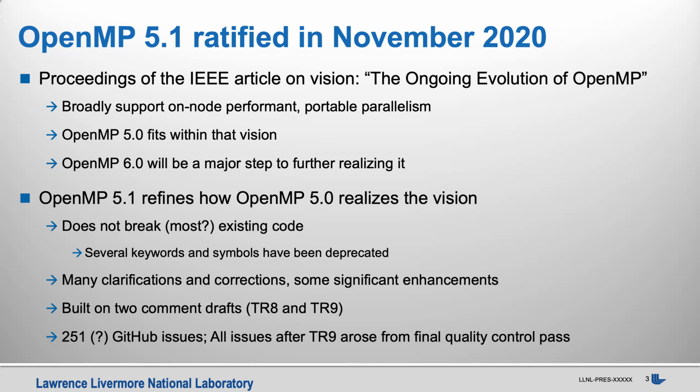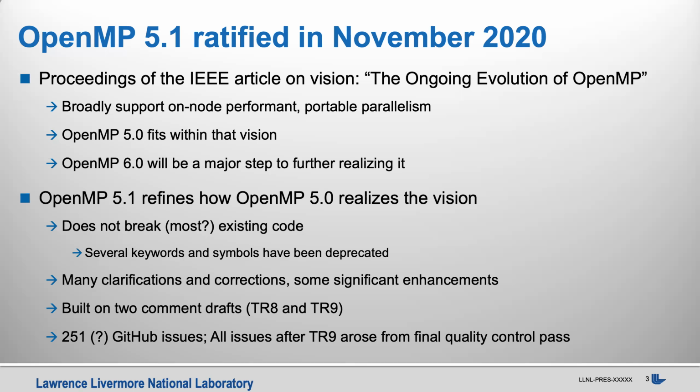If you've seen the comment drafts, TR8 released a year ago and TR9 released earlier this summer, you should have a pretty good idea of what's actually in 5.1, because everything since TR9 has just been a result of making sure that everything is in good shape, that we don't have any major errors in the specification, and that everything fits together appropriately. In the process of adding all of the things we've added, we didn't miss any significant interactions.